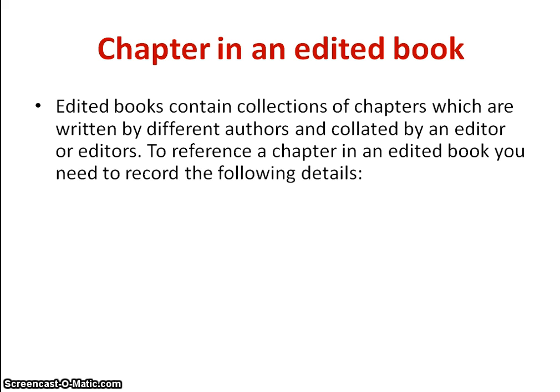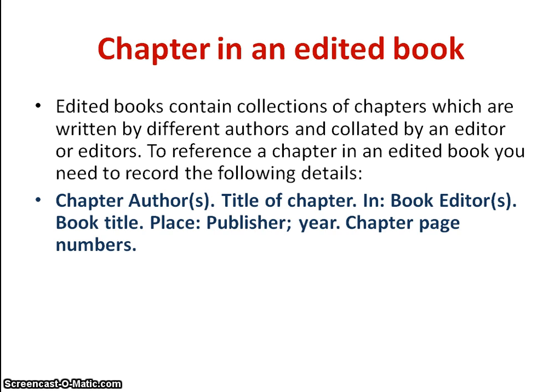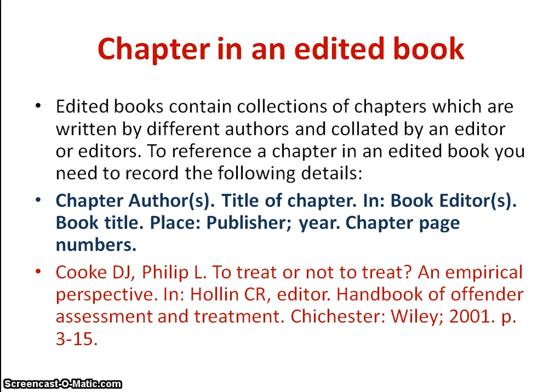To reference a chapter in an edited book, you need to record the following details: chapter author or authors, full stop, title of chapter, full stop, then you write In, colon, book editor or editors, full stop, book title, full stop, place, then colon, publisher, semicolon, then year, and chapter page numbers. And this is one of the examples.